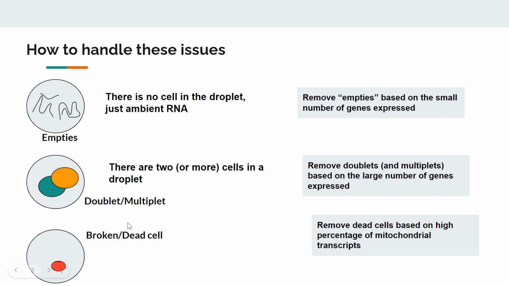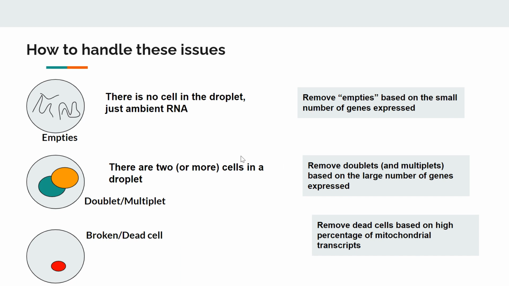So when you sequence this, you will see the reads aligned to the mitochondrial genes. Using that criteria, any droplet from where a majority of the reads are aligned to the mitochondrial genes, you can guess that it is definitely a broken cell or a dead cell.